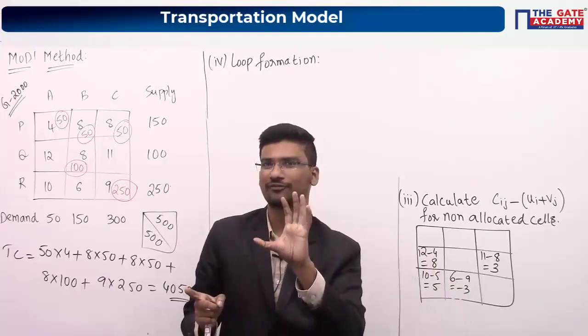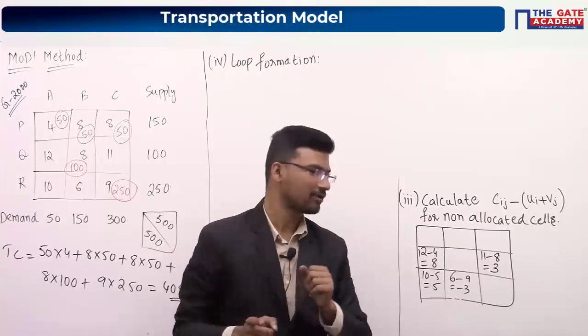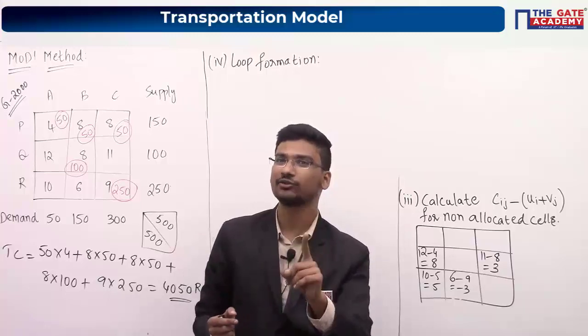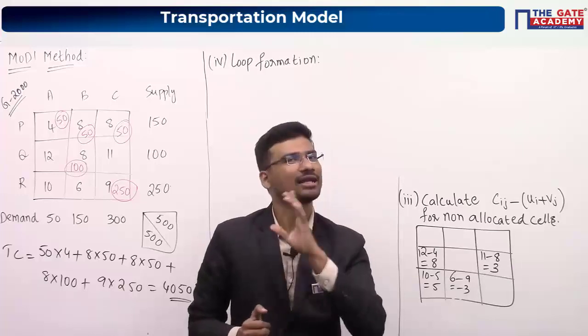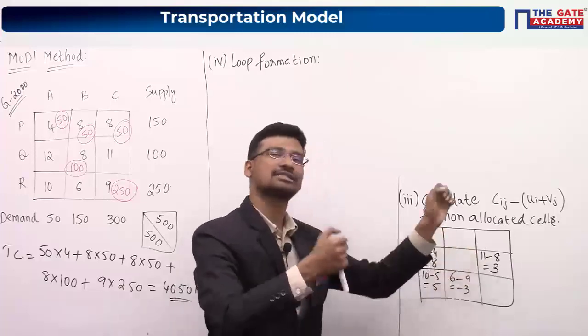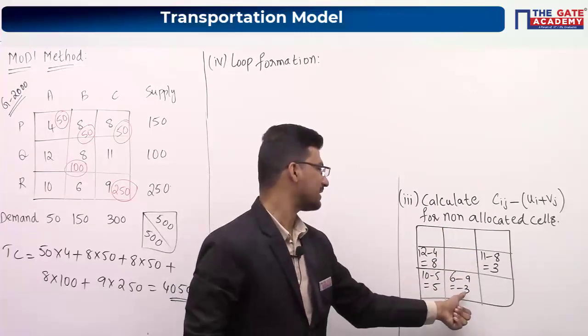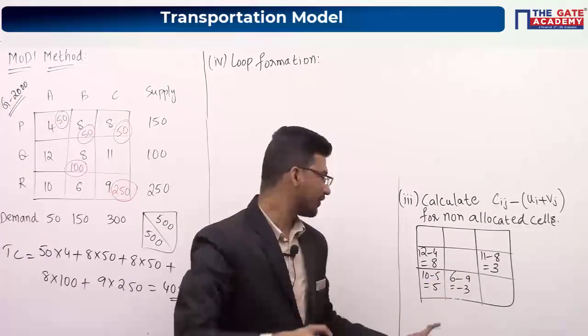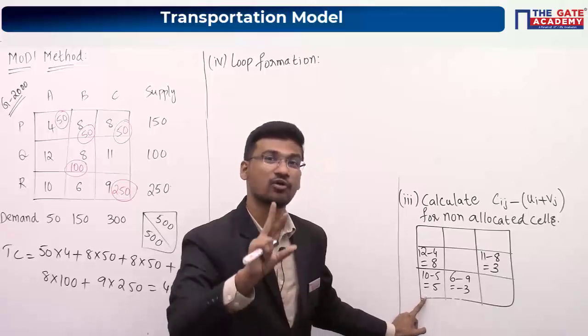If you look at this statement very clearly, a loop has to be started from the most negative cell. Let us say you are having two negative values in this matrix, let us say -3 and -5. Then you have to start forming the loop from the -5 cell, the most negative cell.